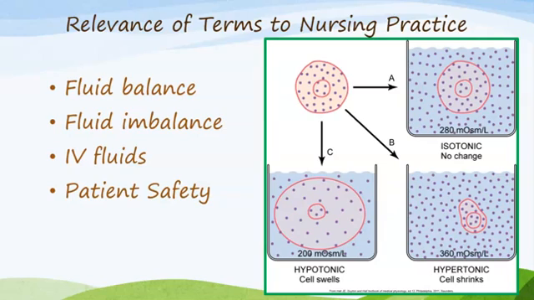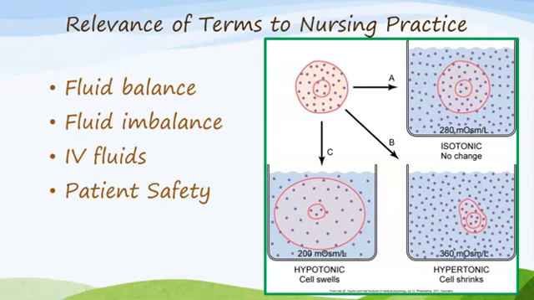Now, before we move into a discussion of IV fluids, let's take a look at these pictures again and talk about what's happening with the cells. When we look at a patient in an isotonic state, we're going to see that we have what we expect as the concentration of fluid to solute.